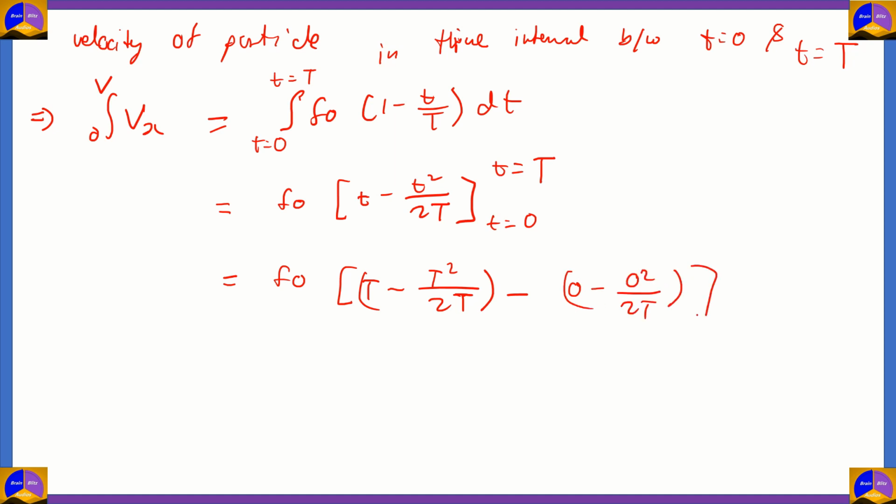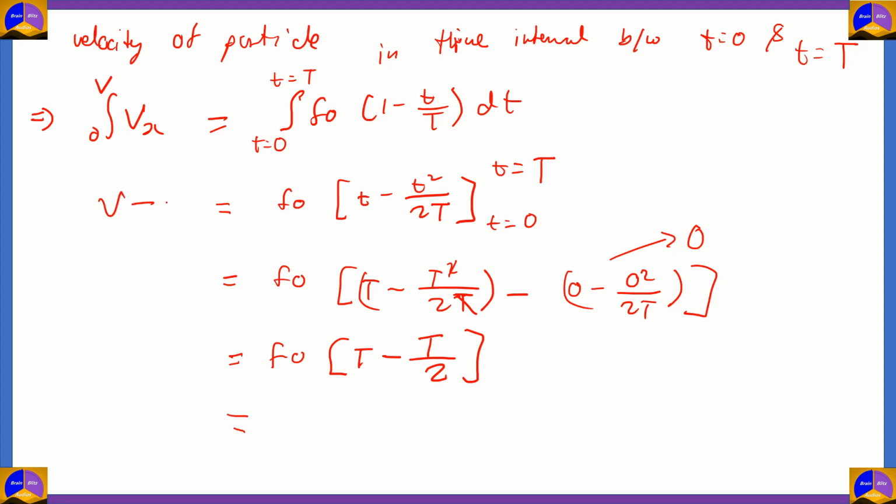This part turns out to be 0, so you don't need to subtract anything from the first bracket. Inside the first bracket, the numerator is T squared and the denominator is 2T, so you can cancel out one of the T's. So what we get is T minus T by 2 inside the bracket and f naught outside the bracket.